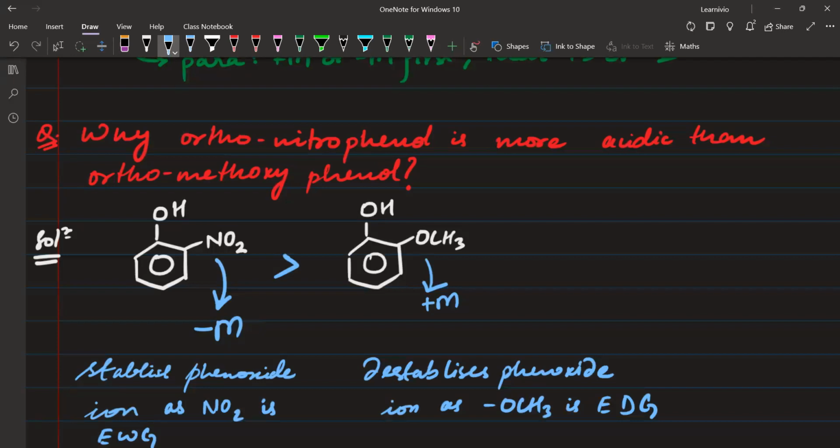When you copy this down, I'm going to give you a question in which you have to make structures, and after making the structures, you need to decide which is going to be more acidic. You will have to arrange them.